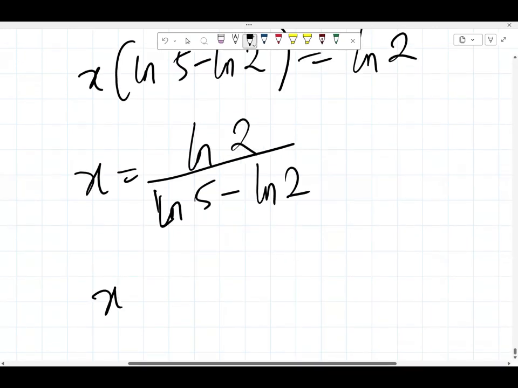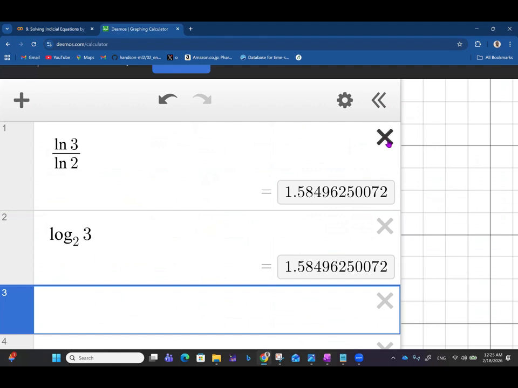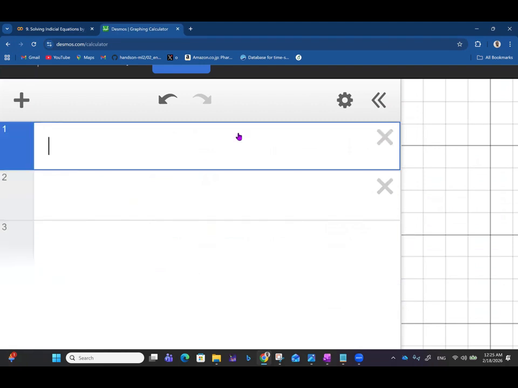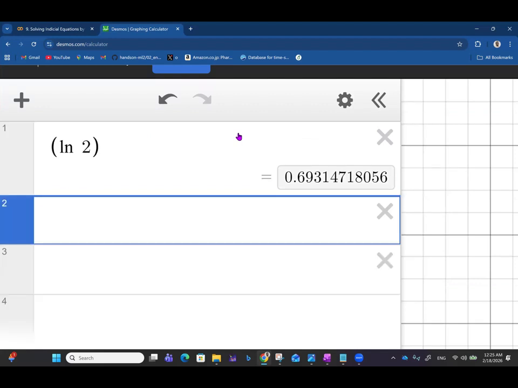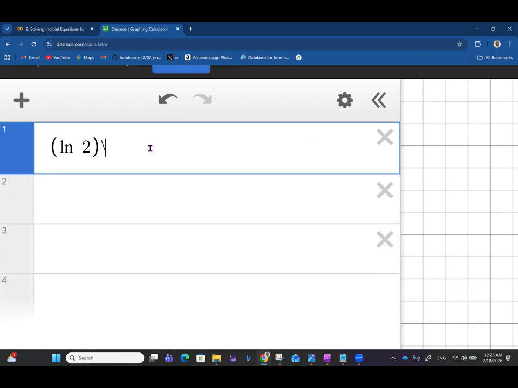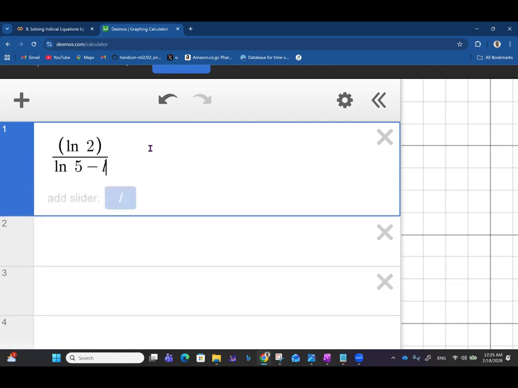So now we can get x to be a particular approximated value. So ln 2 over ln 5 minus ln 2. So I go to decimals to do that. Ln 2 divided by ln 5 minus ln 2.